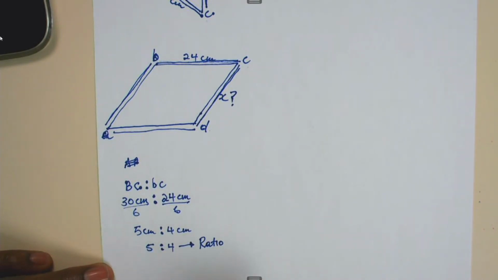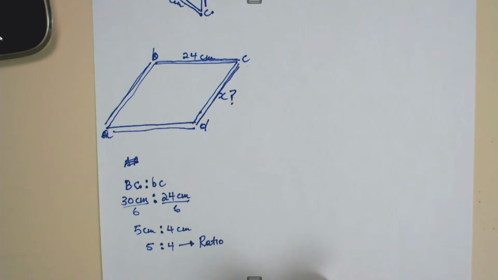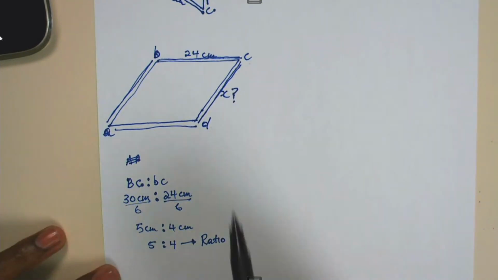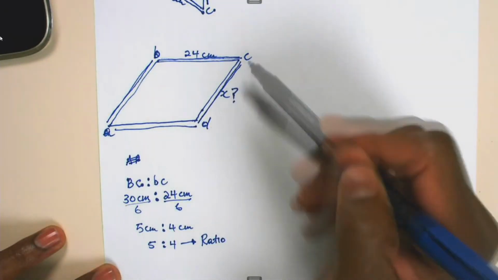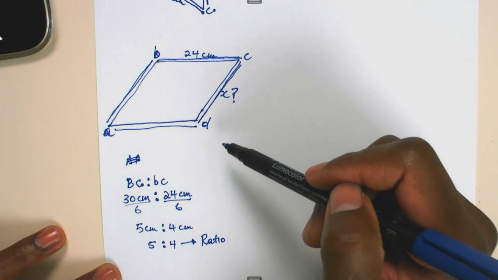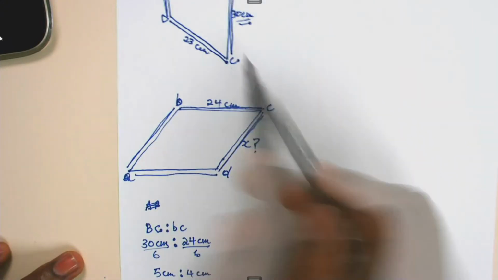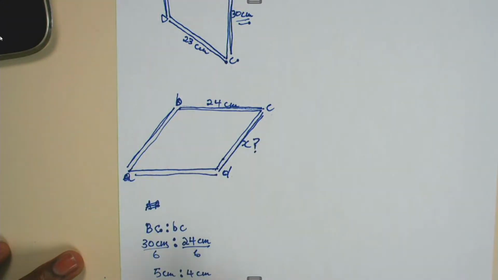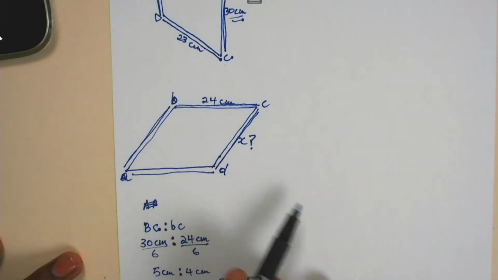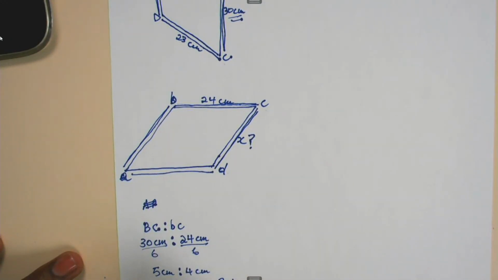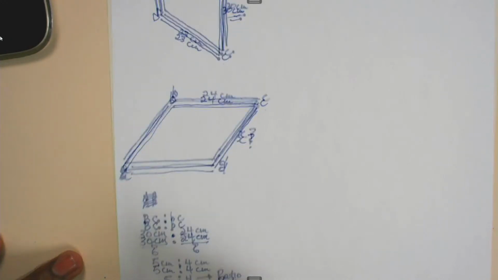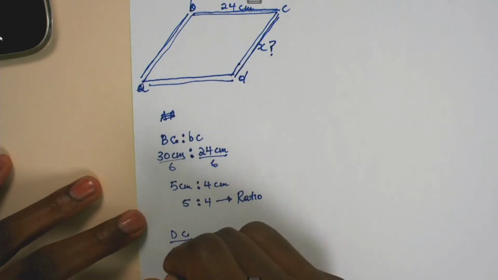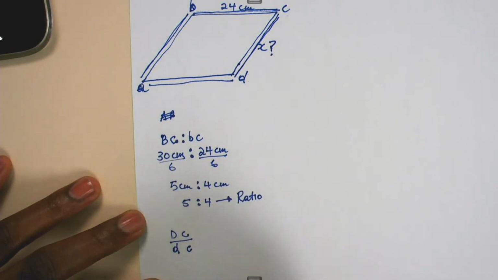Now guys, when you have found the ratio, everything will be much simpler because you are looking for side DC, which has got a corresponding side DC. So you will take the corresponding side DC, capital D, capital C, which corresponds with the side small d, small c.